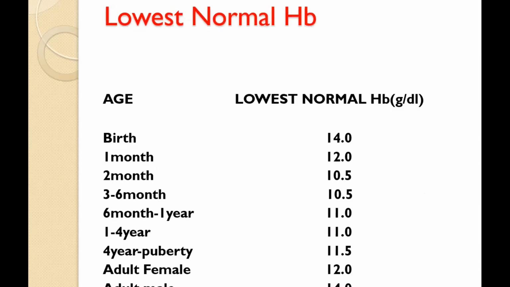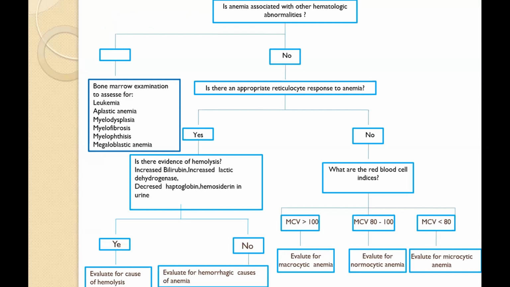This is the lowest normal hemoglobin in various age groups. And what we have to see is whether anemia is associated with other hematological abnormalities.